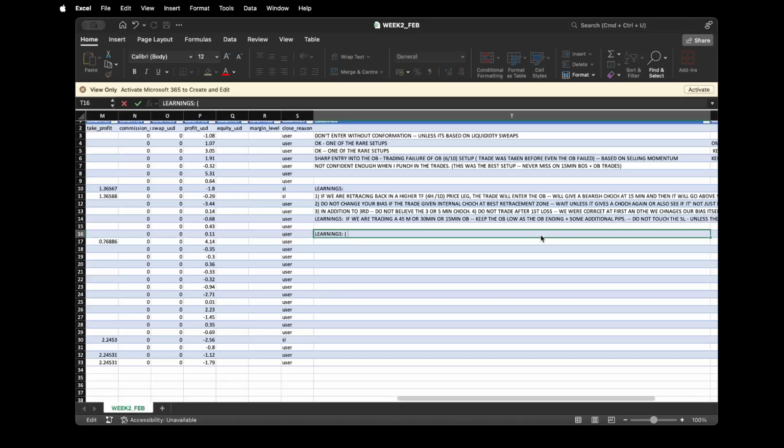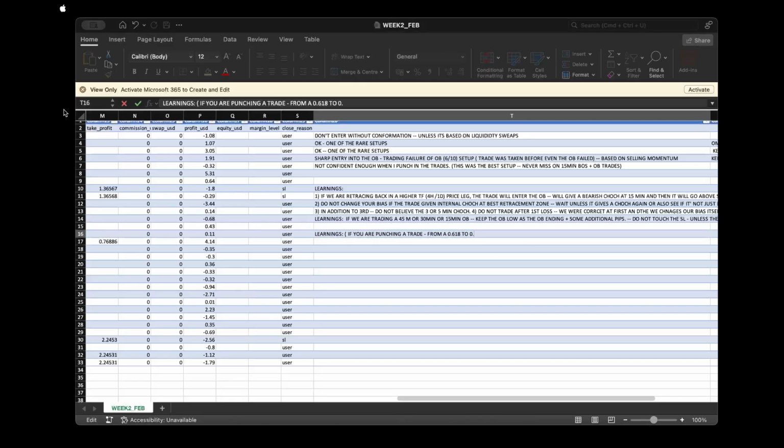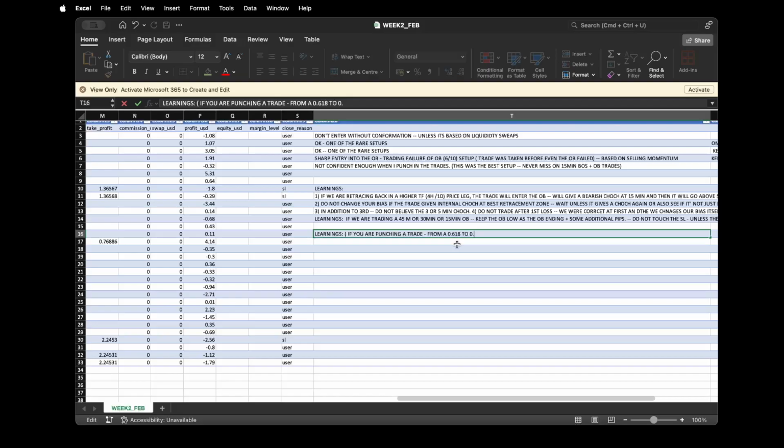Learning's key point: if you are punching a trade from the 0.618 to 0.786 retracement of a larger time frame leg, which is 4 hour and 1 day, stay in that trade.